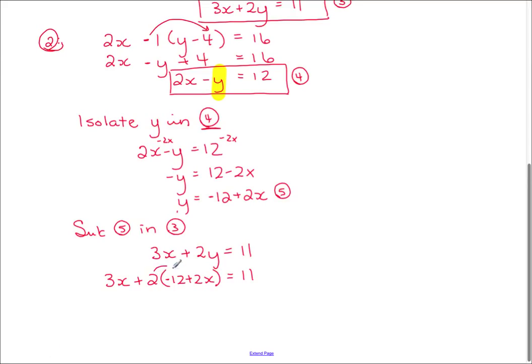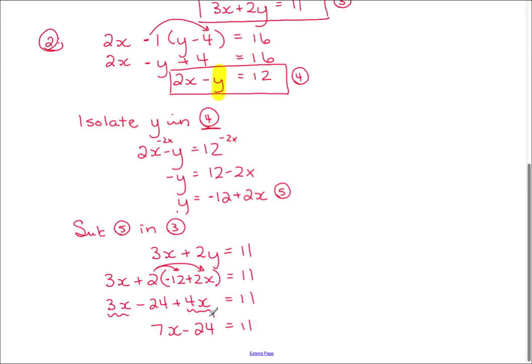So now let's multiply this 2 through, and we have 3x minus 24 plus 4x equals 11. The 3x and the 4x will give me 7x, and I still have that minus 24 equals 11.